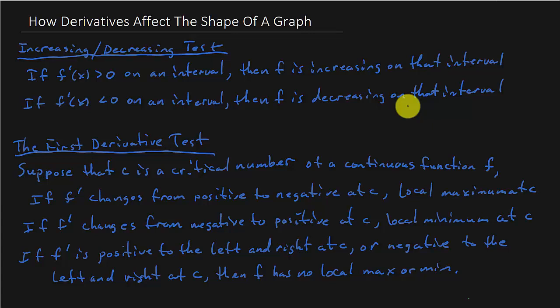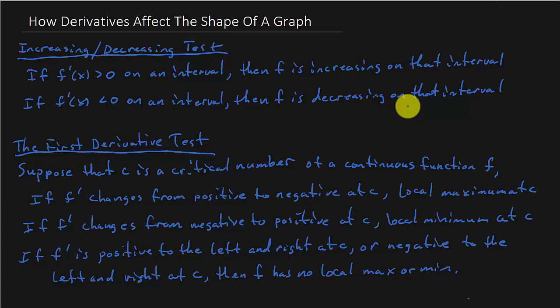That's where you find the first derivative, set it equal to 0, and solve for x. So remember, the critical numbers are where the first derivative is 0 or where the first derivative is undefined, provided that where the first derivative is undefined, the original function is defined at that point.